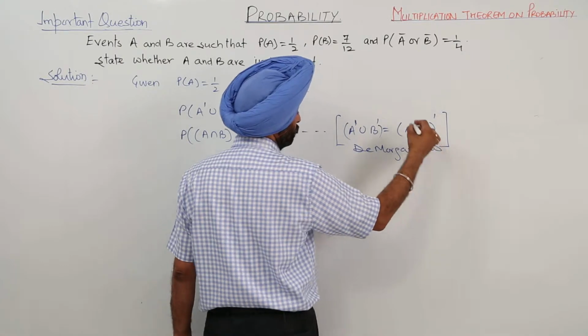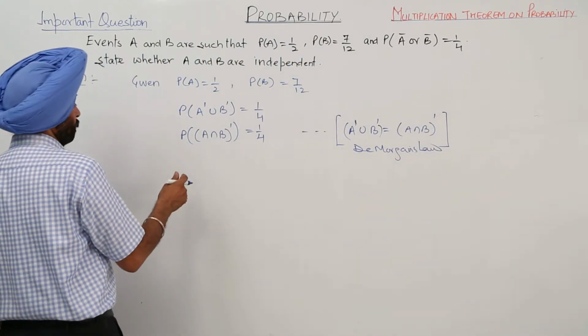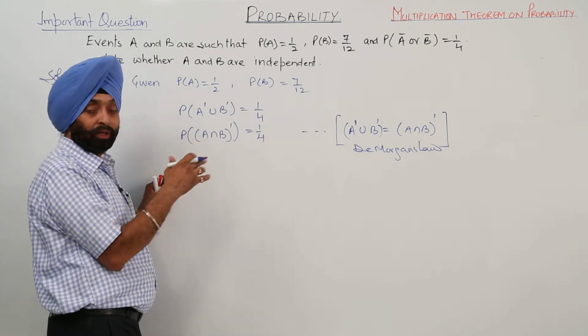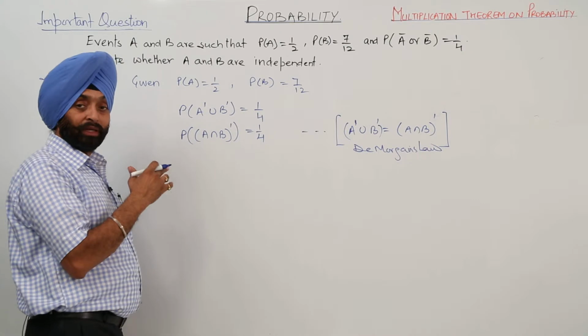By De Morgan's law, this is basically P(A' or B'). If A and B is a single event, let it be E, so we can write it as P(E').